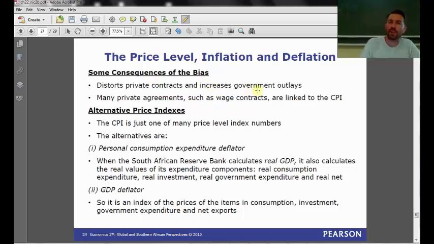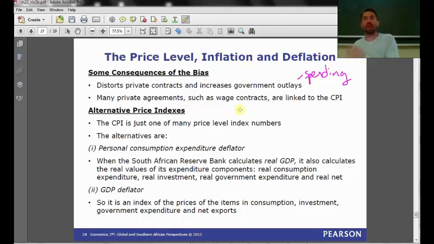It also increases government spending. Outlays is another word for spending, right? Obviously, with an increase in inflation, government spending is going to have to increase to deliver the same quantity of real goods and services, right?